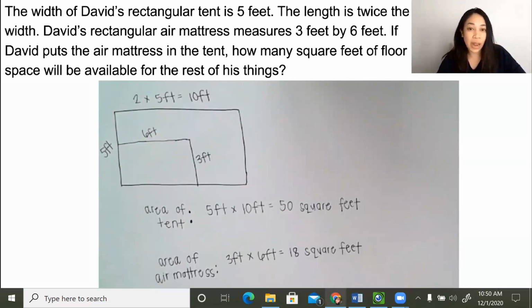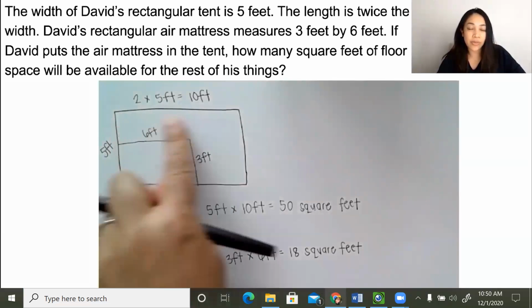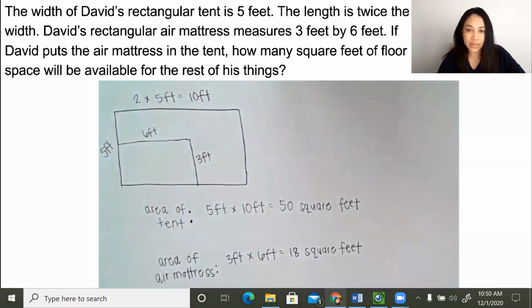Now we need to figure out the area of the remaining space inside of the tent. So how do we do this? In order to determine the remaining area, we need to subtract 18 square feet from 50 square feet.